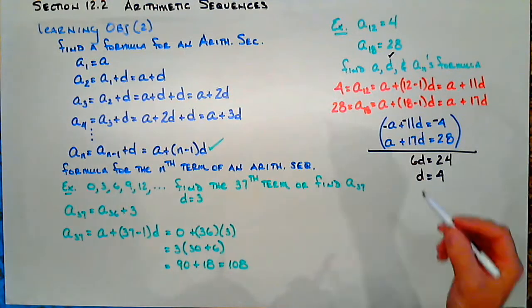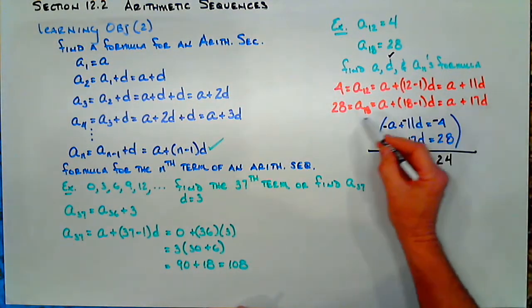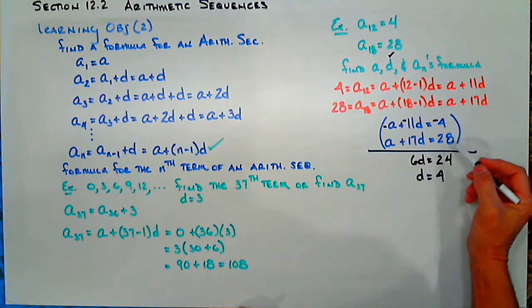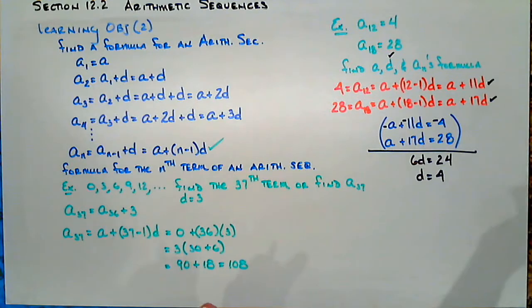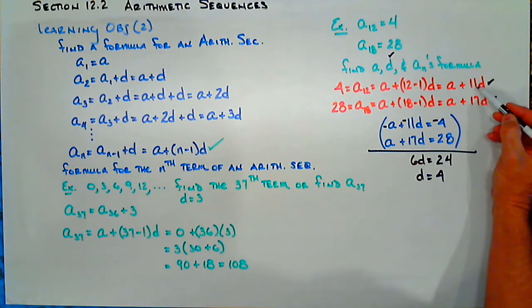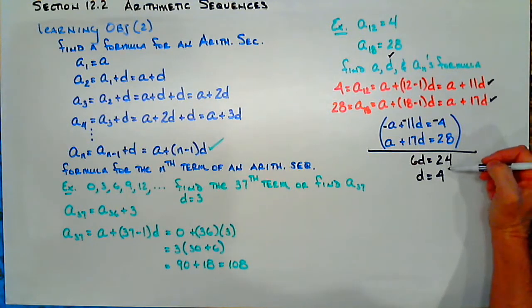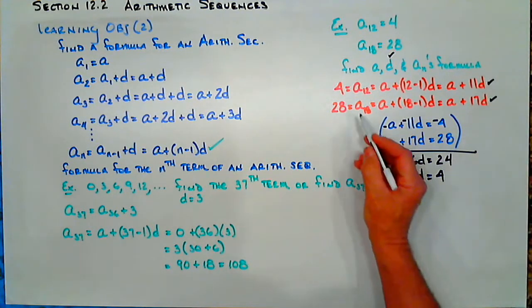Now, what else do we need? We need a. Where can we go to find a? Well, we can use either of these 2 formulas. Right? We have a formula right here, and we have a formula right here. Or we could use the blue ones. They're the same formulas. So which one am I going to use? I'm going to use this one because I don't want to take 17 times 4. I would much rather do 11 times 4, which is 44, right? So I'm going to use that formula.